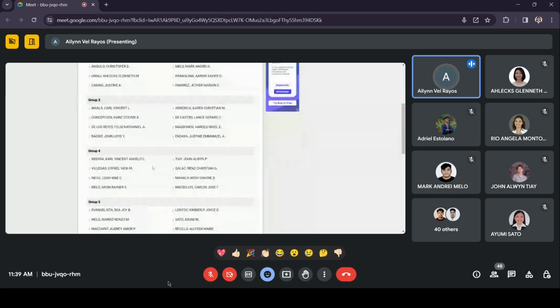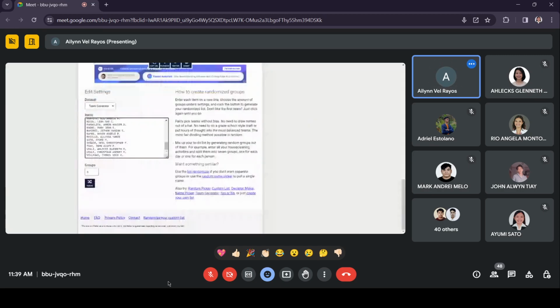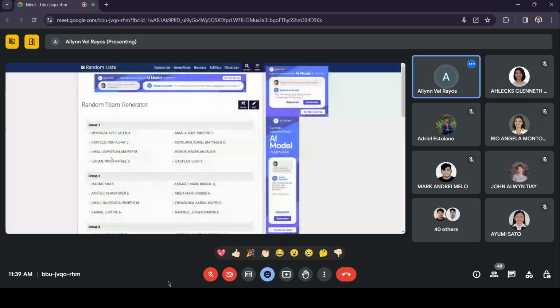Sa group 1 siya kasama. So disregard na lang yung andi dito para hindi tayo mag-uulit. Clear ba? Clear na tayo doon? So yung kay Carl, group 1 na lang siya.